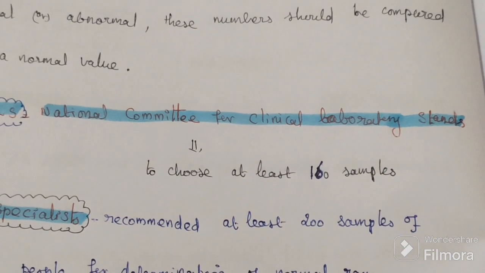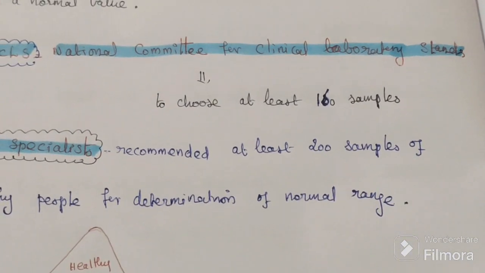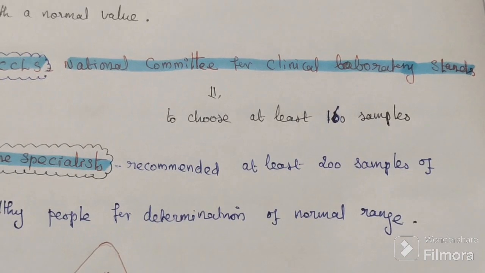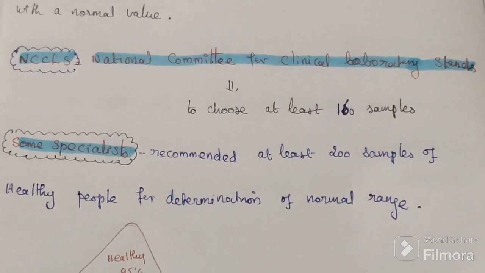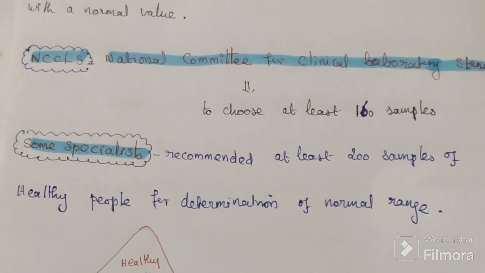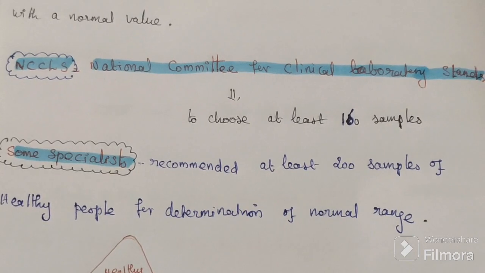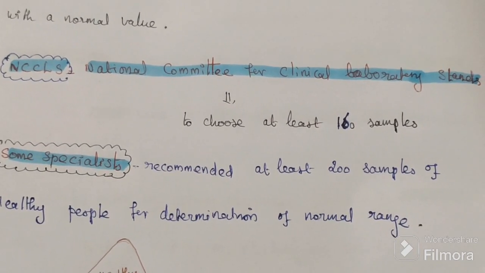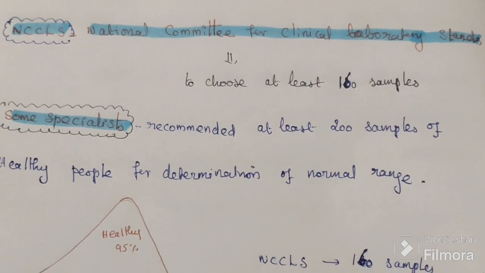NCCLS recommends at least 160 samples. Specialists recommend 200 samples of healthy people for determination of the normal range. It is very important to keep the conditions the same as the routine laboratory method.